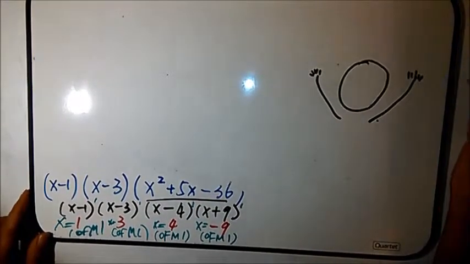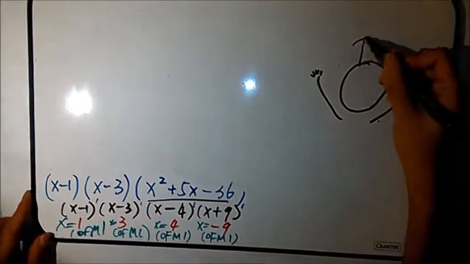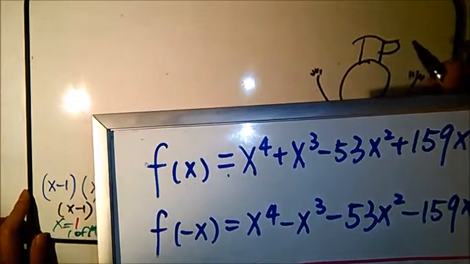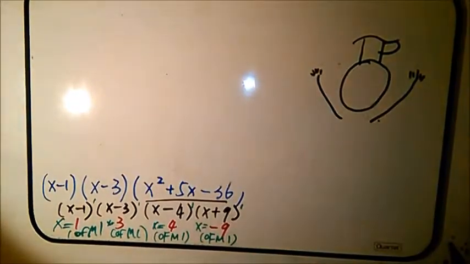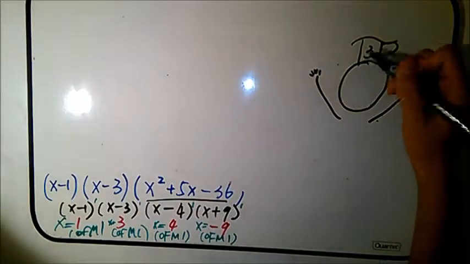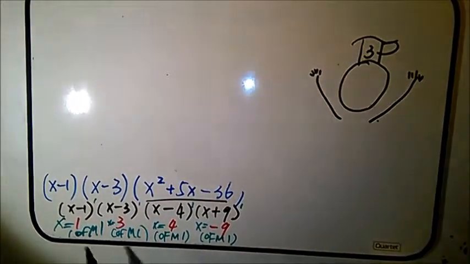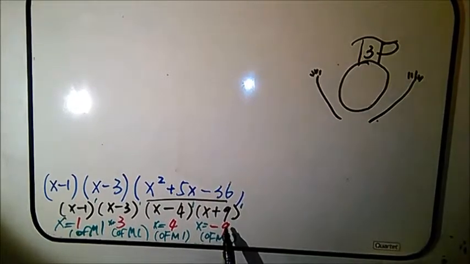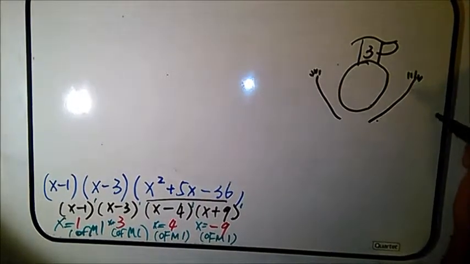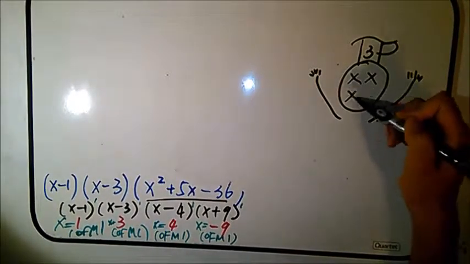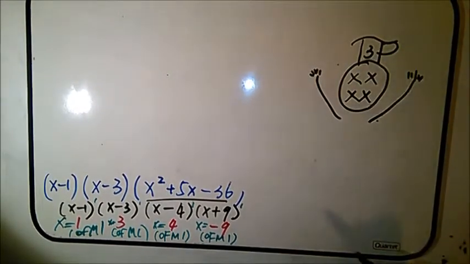Our turning points, since we know that the highest power is 4, will be n minus 1, which is 4 minus 1, which is 3. Put a 3 in the hat, and we have how many odd multiplicities? We have 1, 2, 3, 4 odd multiplicities, and odds are strange; they cross over. So we put all 4 odd x's into it.